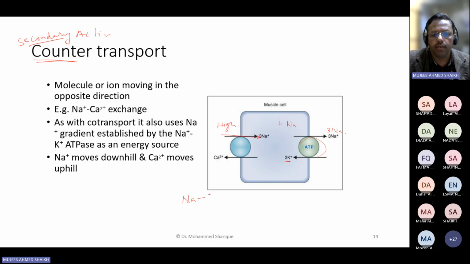The property is that whenever sodium moves in, it will throw 1 calcium out. So sodium is moving in this direction and calcium is moving in the opposite direction. So it is called counter transport.